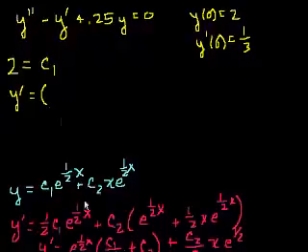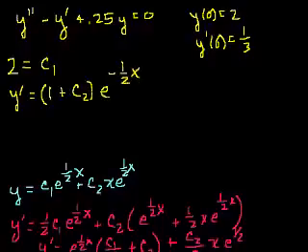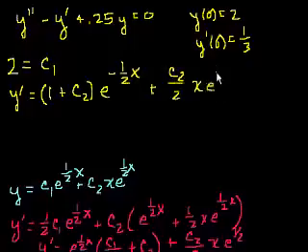Well, I'll write this first. It's equal to 2 over 2, so it's 1, plus C2 times e to the 1/2 x, plus C2 over 2 times x e to the 1/2 x. There was an x here.